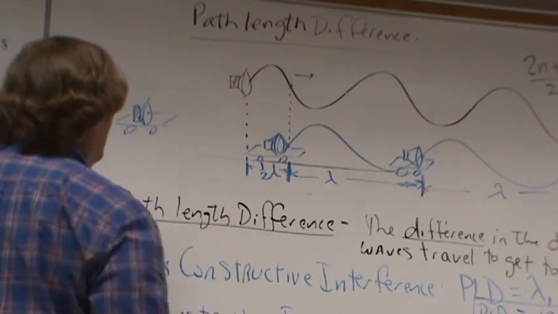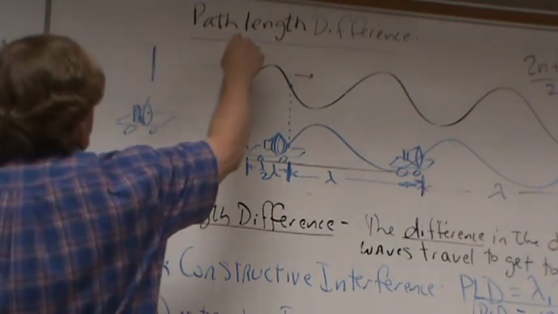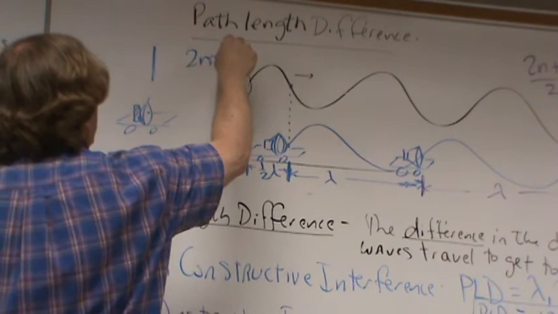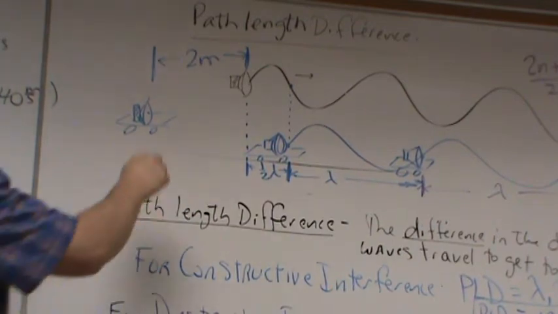This guy here, saying my path length difference is equal to lambda, would be like saying, hey, the distance between here and here is 2 meters. That's my path length difference, right? 2 meters. Having the path length difference be just lambda would be this.